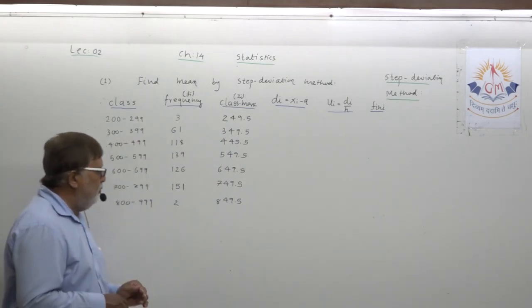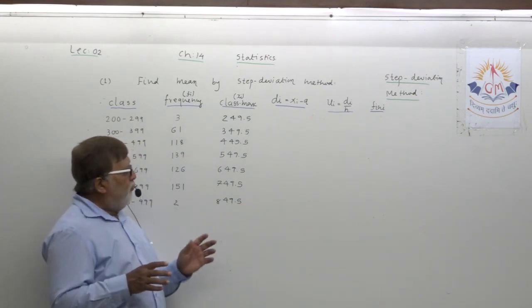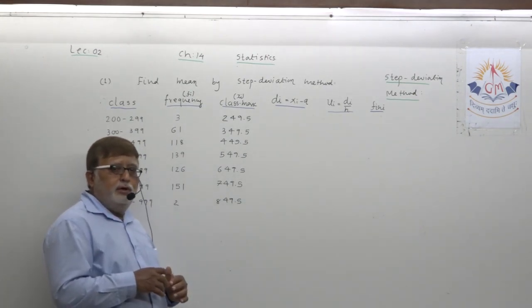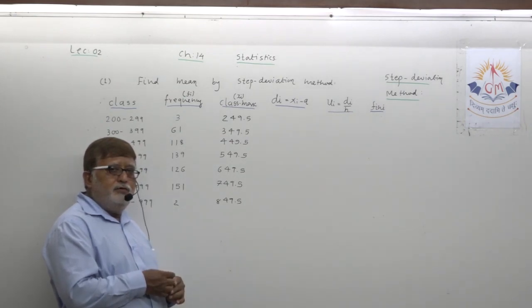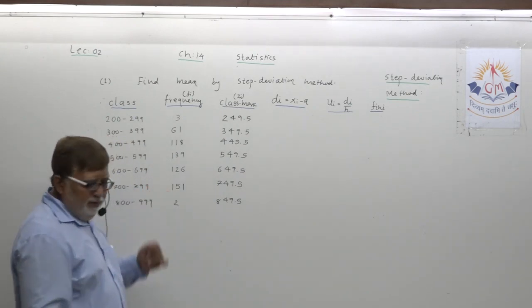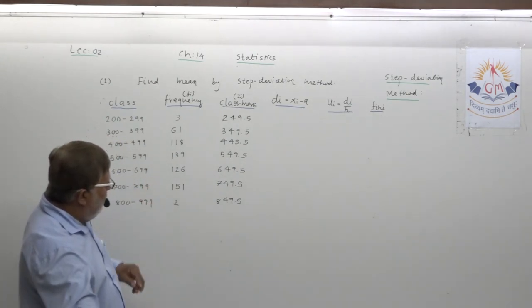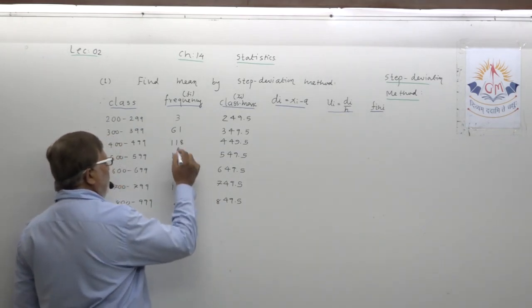Sir has suggested that you take the value of A from the mid value against the highest frequency, but here I want to alter it a little because the highest frequency lies at the bottom.